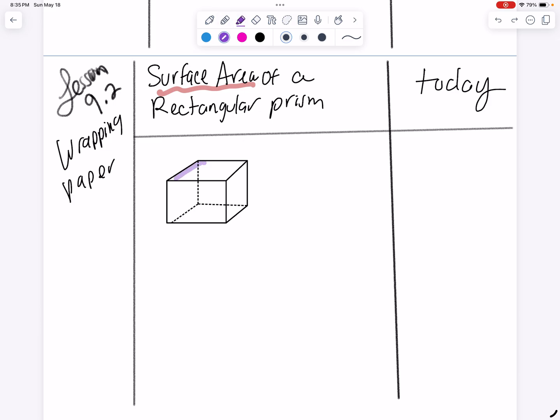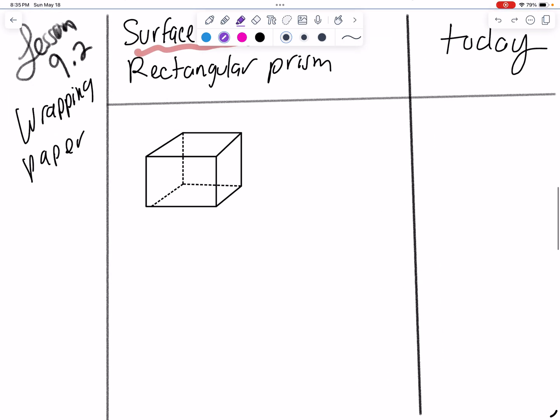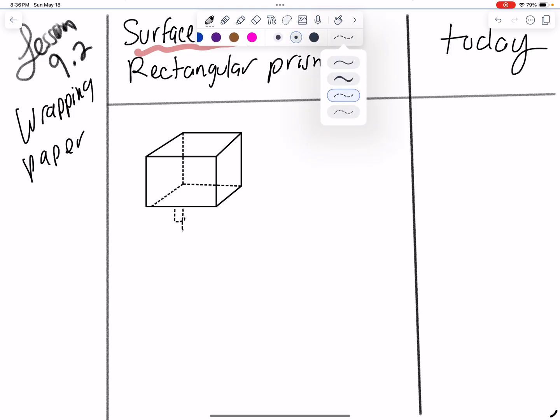Surface area is like, oh, I want to wrap it so beautiful. It's going to look so beautiful everywhere. So let's say this is 4 inches. We'll keep it simple. This is 4 inches by 3 inches by 2 inches.